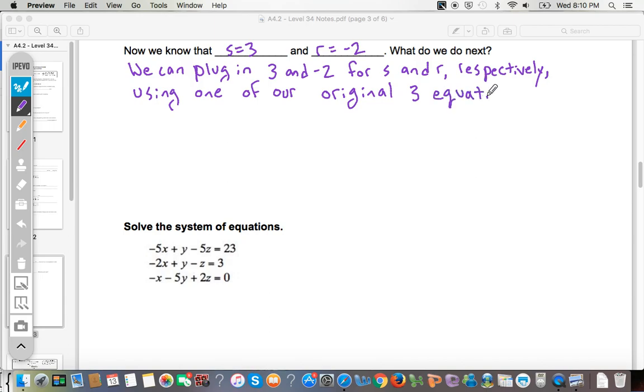So way back at the beginning, we were given a three-variable system with three equations. So since we have three variables and we've solved for two of our variables by breaking it down into a two-variable system, we can take these two variables and plug them into any one of our three original equations, and we will be able to solve for t. At this point, it doesn't matter which equation we use, as long as we plug in s equals 3 and r equals -2, we will get the same answer for t, because this is a system of equations.